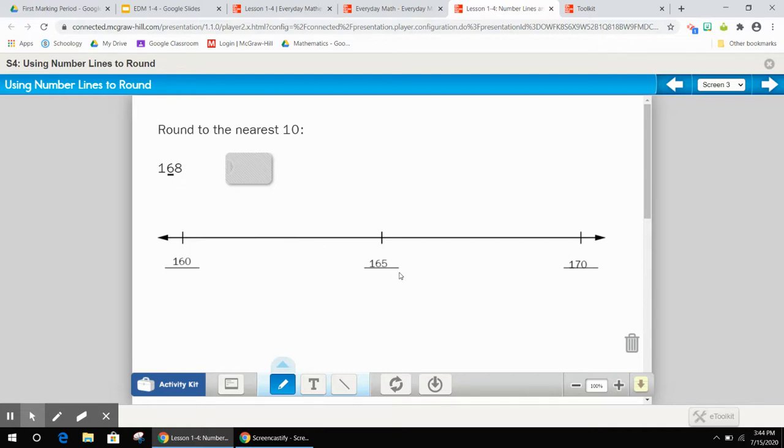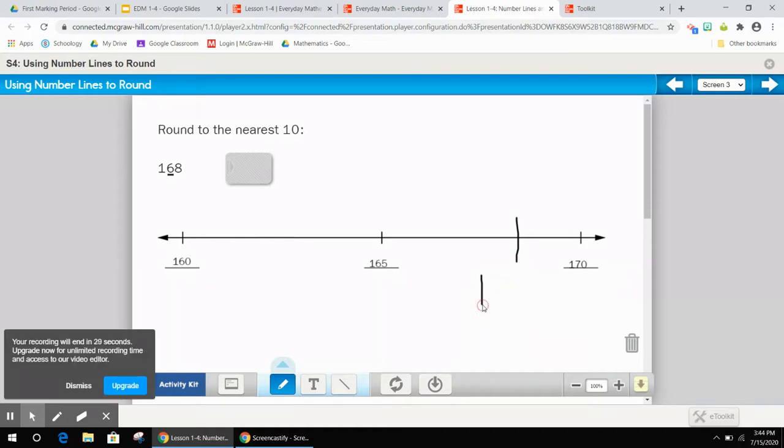Not before 165, it's going to come after. It's probably going to be closer around here. So I can label that. That tells me, since it is on the right-hand side of my open number line, that I'm going to round 168 up to 170. And that's going to be a much easier number for me to work with.